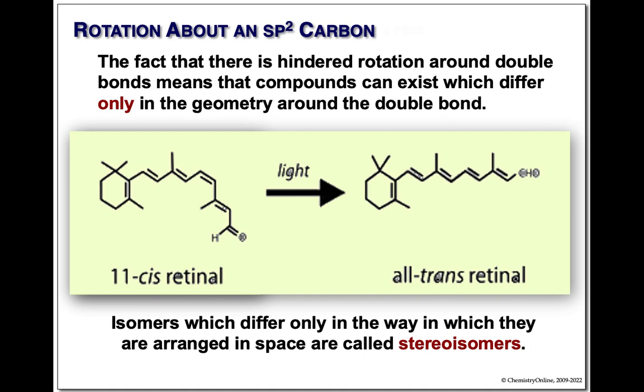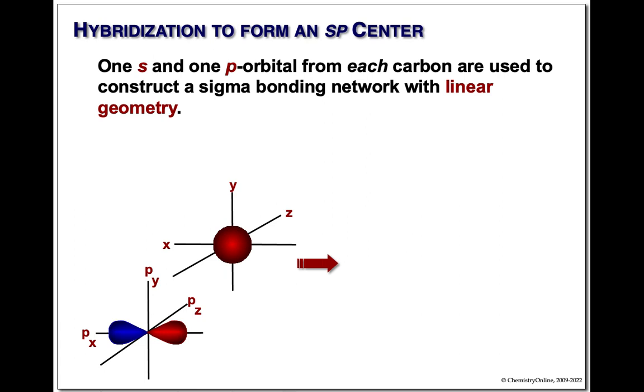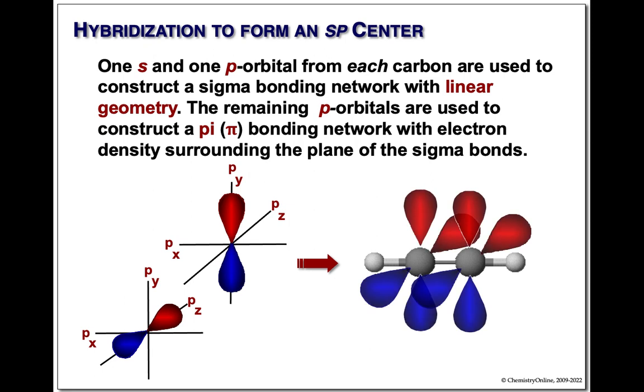All right, well, we built a double bond. Let's build a triple. For a triple bond, we're going to start with a single. So we need two orbitals. This 180-degree bond angle. Each of these carbons has two p orbitals left now. If we put those on, it looks like this.